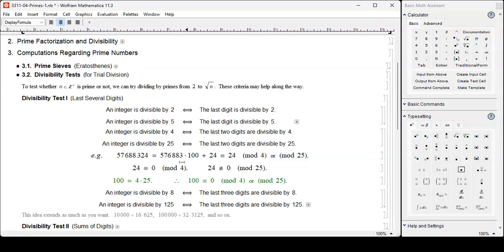I can decompose into the last 2 digits, and then this part is divisible by 100, and 100 is congruent to 0 modulo 4 and also modulo 25. This part doesn't contribute. So the remainder part comes from 24 only, and 24 is divisible by 4. So yes, this number is a multiple of 4, but it's not a multiple of 25 because 25 does not divide 24 in this particular case.